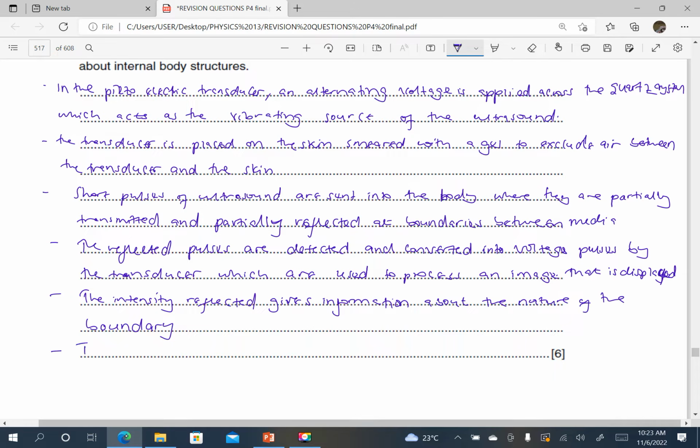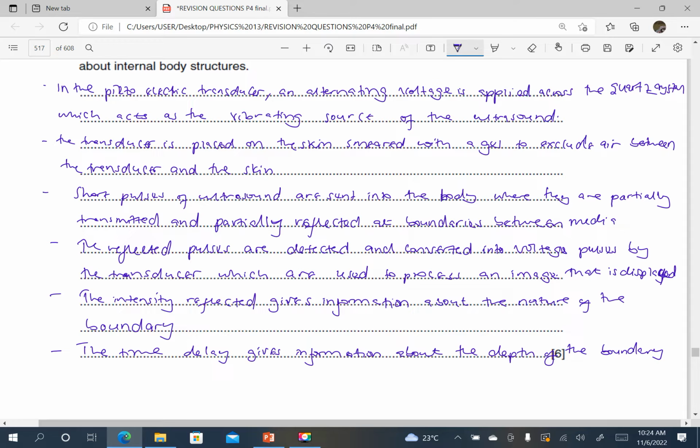And then the time delay, that is the time between transmission and receiving back the reflected pulse, will give information about the depth of the boundary.